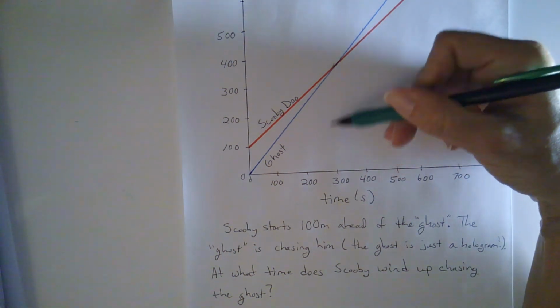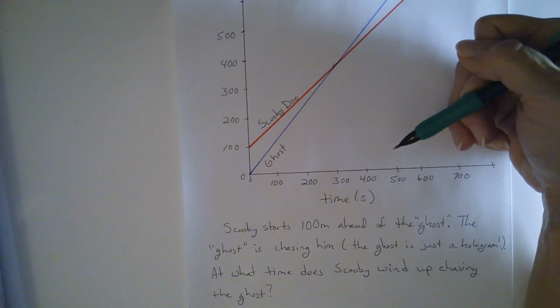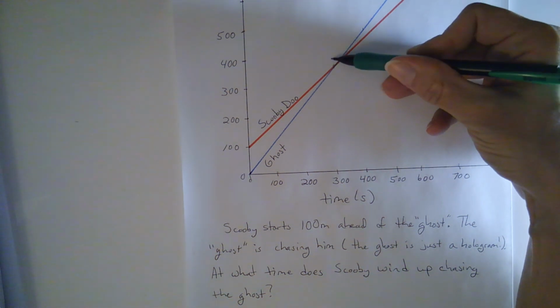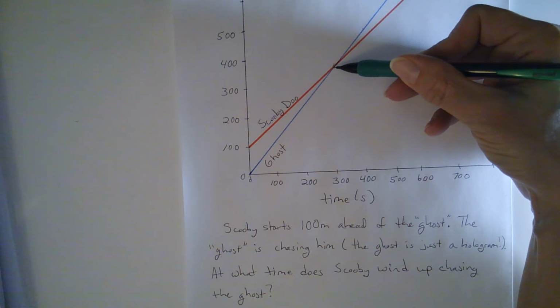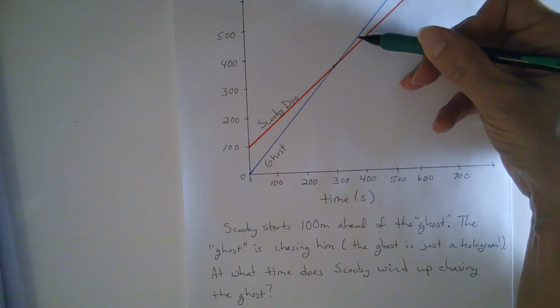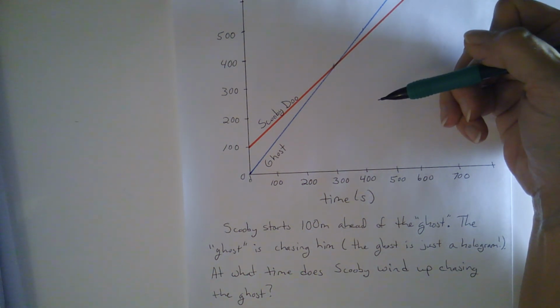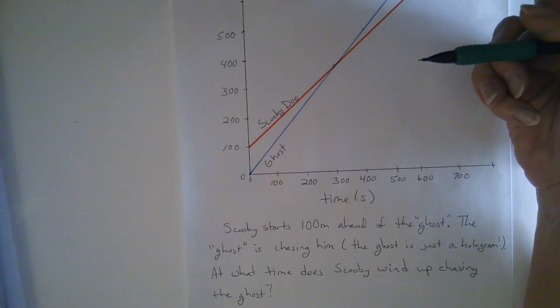So we can look at any given instant in time and tell who's chasing who until this moment when they pass each other. Now they're both running the same direction. So if they're both running the same direction and one passes the other, we go from one being in the lead to the other being in the lead. Okay, just like two runners in a race. But now it's just Scooby-Doo and a ghost.